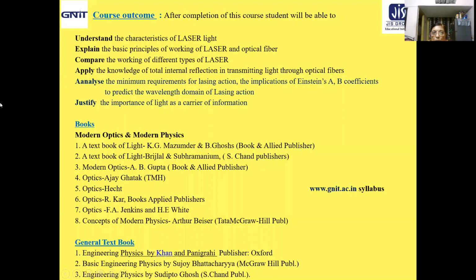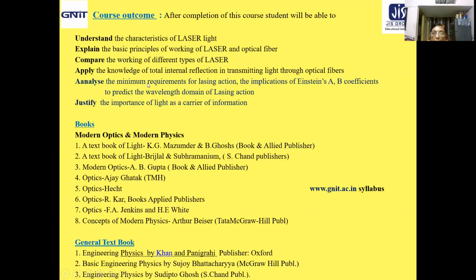So, students, after completion of this course, you will be able to understand the characteristics of laser light. You will be able to explain the basic principles of working of laser and optical fiber. You can compare the working of different types of laser. You can apply the knowledge of total internal reflection in transmitting light through optical fibers.